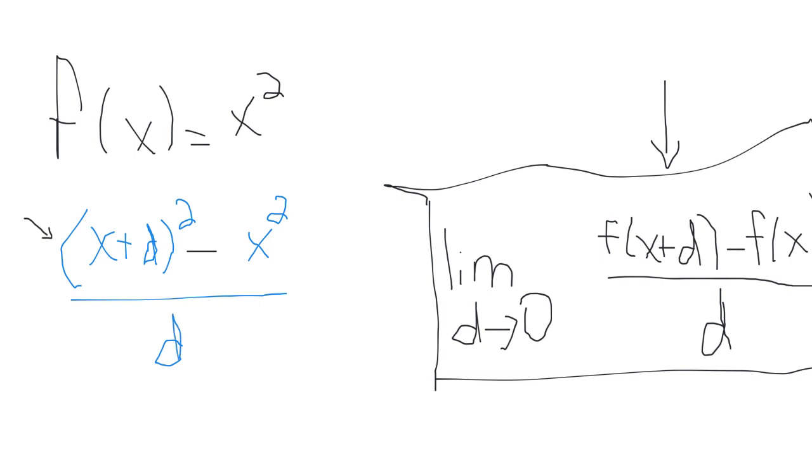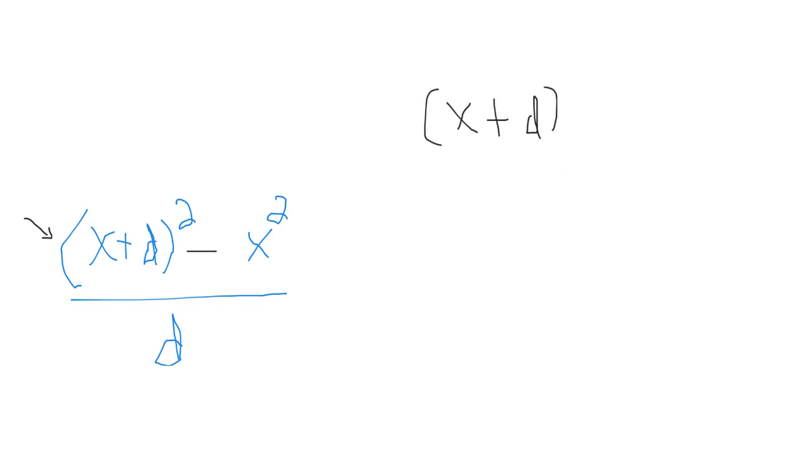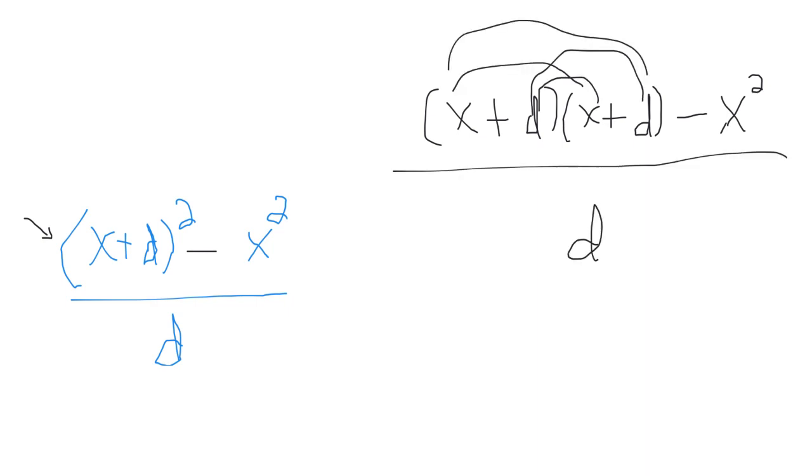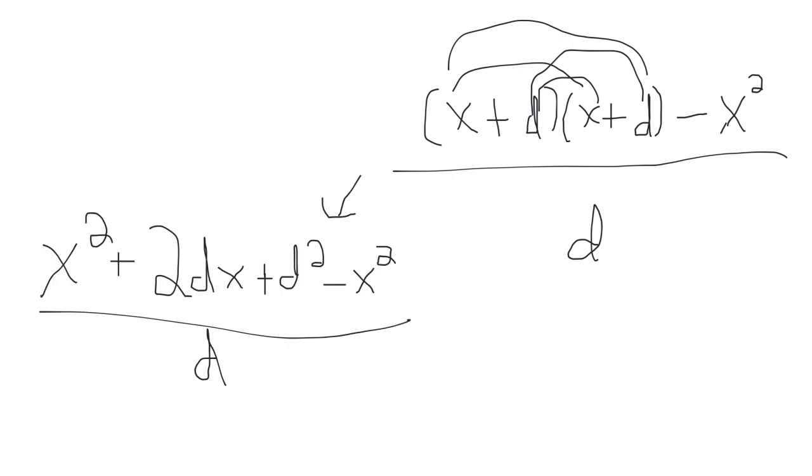Then I can break this down using the distributive property: I multiply x plus d times x plus d, then subtract x squared, all over d.